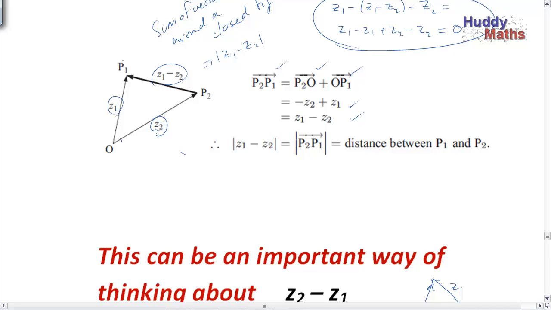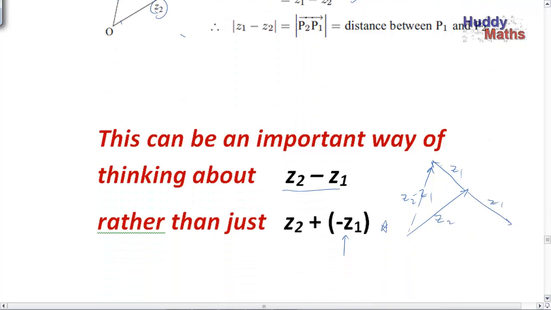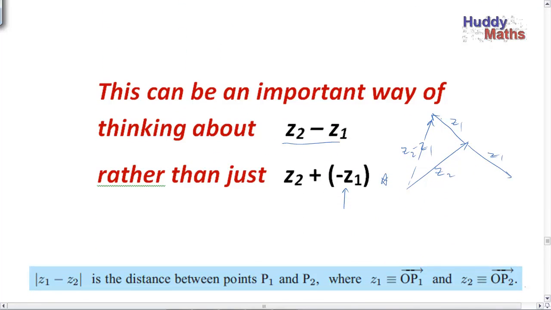That becomes a very important way of thinking about Z2 take Z1, not just this way, where you go to the end of Z2 and add negative Z1. They will be parallel vectors, but it is handy to think of Z2 take Z1 as the vector that forms a closed triangle between Z2 and Z1. More of that later on.